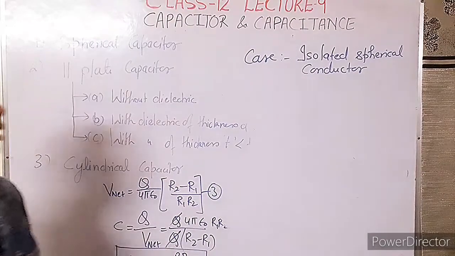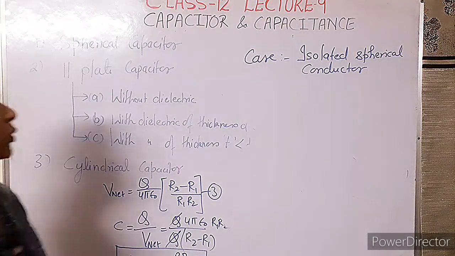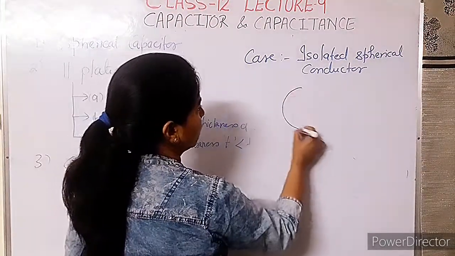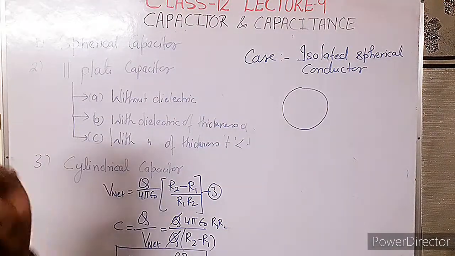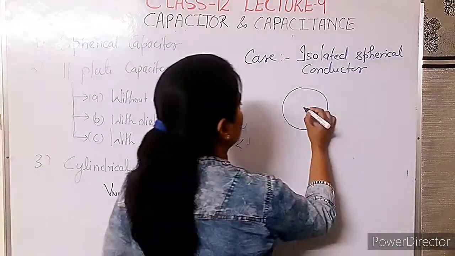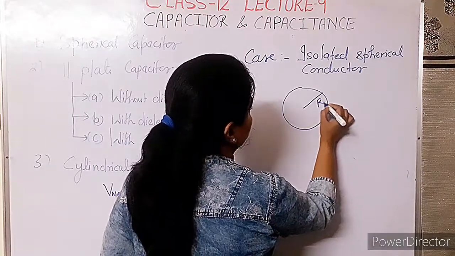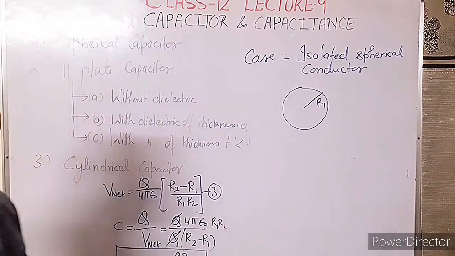Isolated means separated from other bodies. So in place of two concentric conductors, we have taken only one conducting sphere, basically the inner conductor R1.